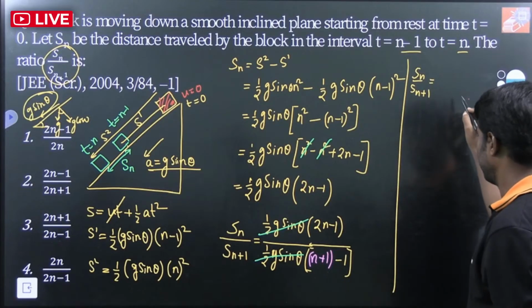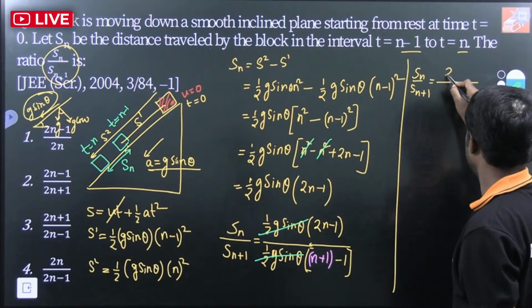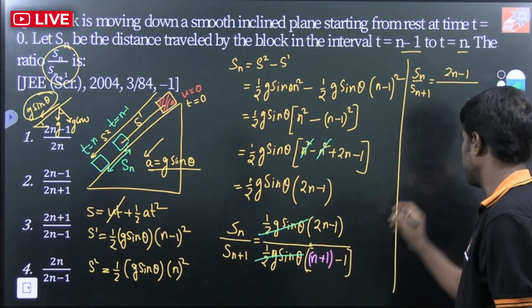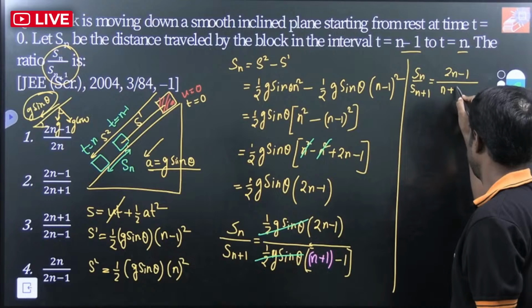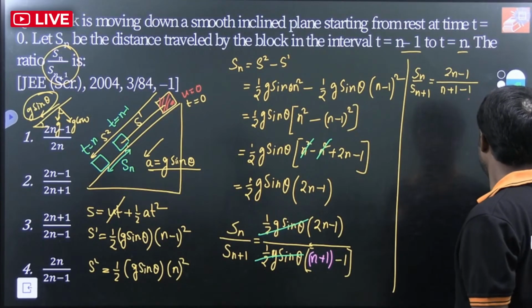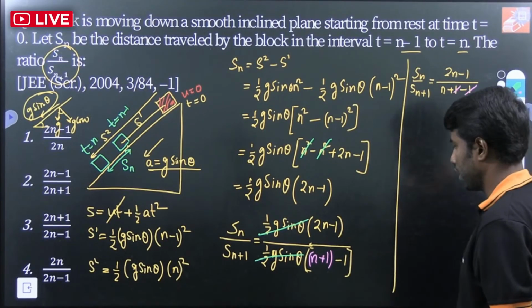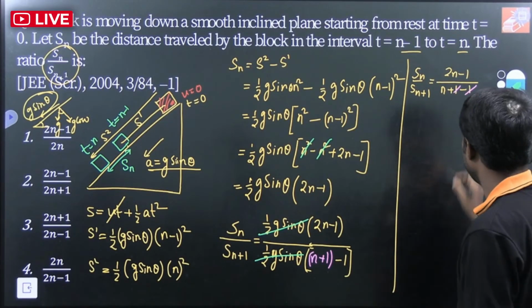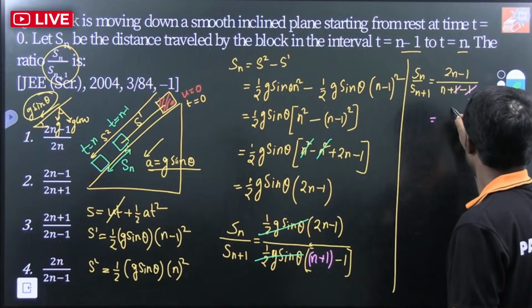So now we get 2n minus 1 as numerator and the denominator is n plus 1 minus 1. Again this minus 1 plus 1 gets cancelled. So finally we get the answer 2n minus 1 by n.